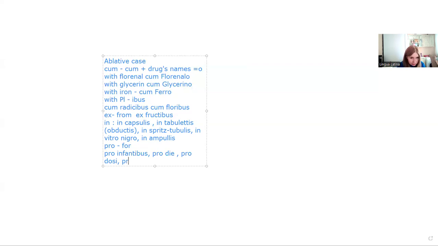Pro inhalatione, for inhalation. If we need for injection, pro injectione. You can see that a lot of words have the ending ione, because it's third declension, singular, so we have to use the ending e. Pro injectione, pro inhalatione, pro solutione, for solution.